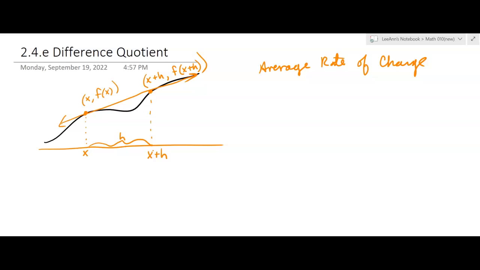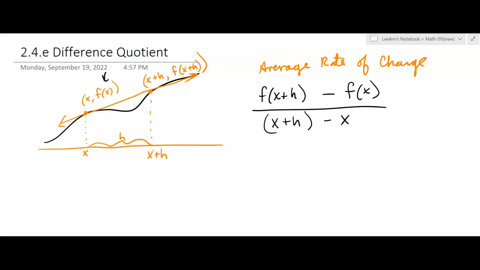Well, what it looks like then is you take f of x plus h, subtract f of x, just like we did with a slope formula, and then in the denominator you'd have x plus h minus x. You'd have this one minus this one. Okay, so in the numerator you have f of x plus h minus f of x, but then in the denominator that simplifies just to be h.